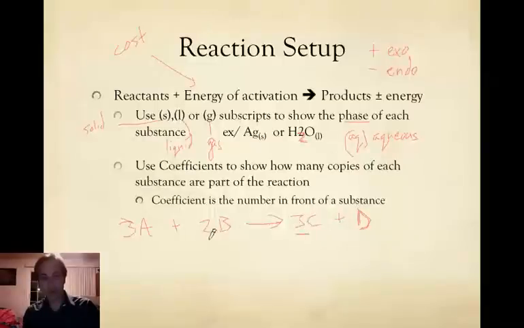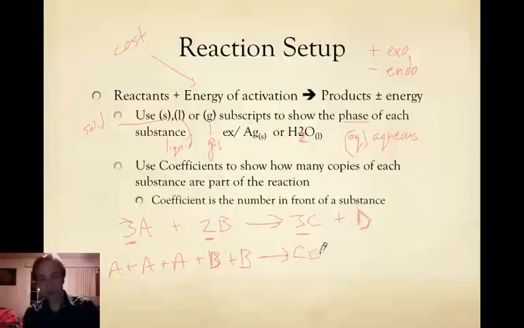But these numbers over here, the 3, the 2, and the 3, these are other coefficients. And what they're really telling us is that there are actually 3 A's that are needed to participate in this reaction. So I could write it another way. I could say A plus A plus A, okay, and then combine it with 2 B's. So B plus B produces 3 C's.